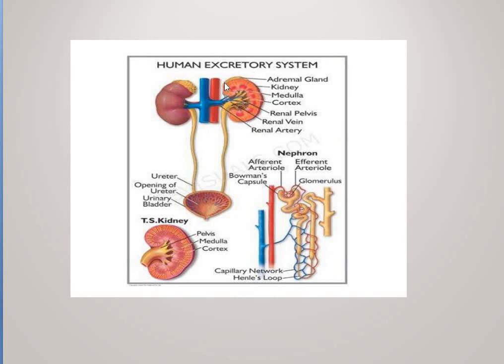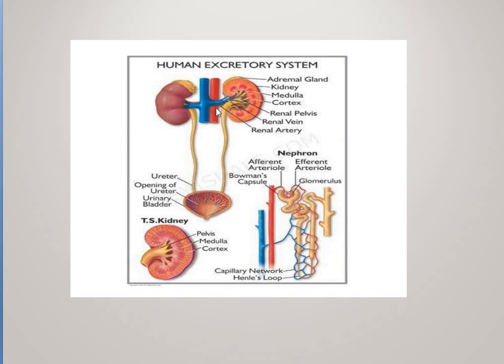Kidneys, as you can see in this figure, are bean-shaped, reddish brown colored organs, with one kidney lying on either side of the vertebral column in the abdominal cavity, attached to the dorsal body wall.